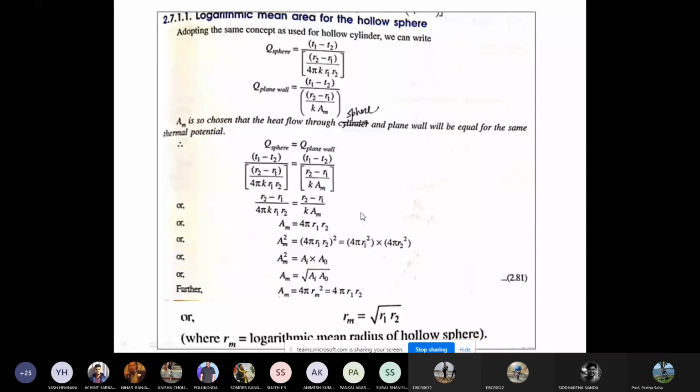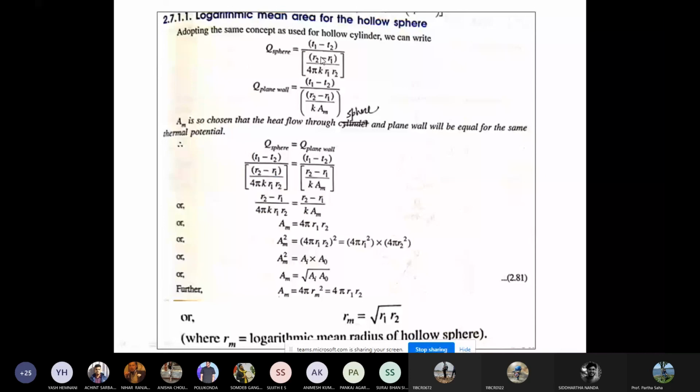Let's look into the logarithmic mean area for hollow spheres, as we discussed for hollow cylinders. The same concept can be used for a hollow sphere. We know the expression for heat loss through a hollow sphere: Q = (T1 − T2) divided by (R2 − R1)/(4πK R1 R2).